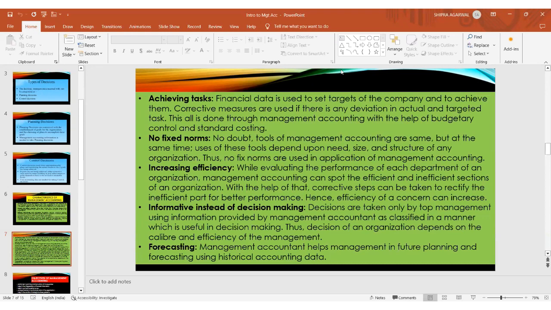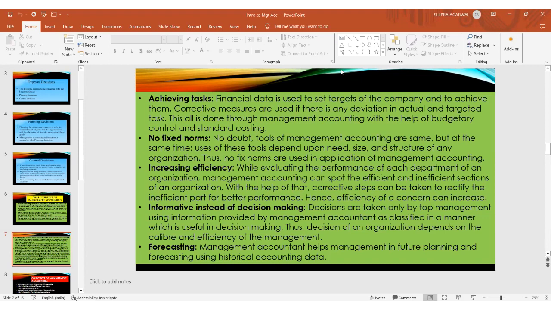And then, if there is another unit or another department which is not performing well, which is frequently deviating from their target for some reason or the other, that particular department is considered to be the inefficient one.